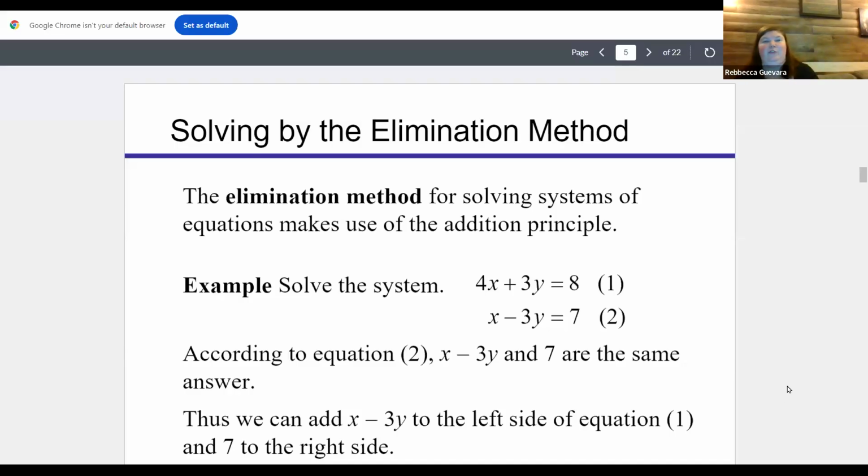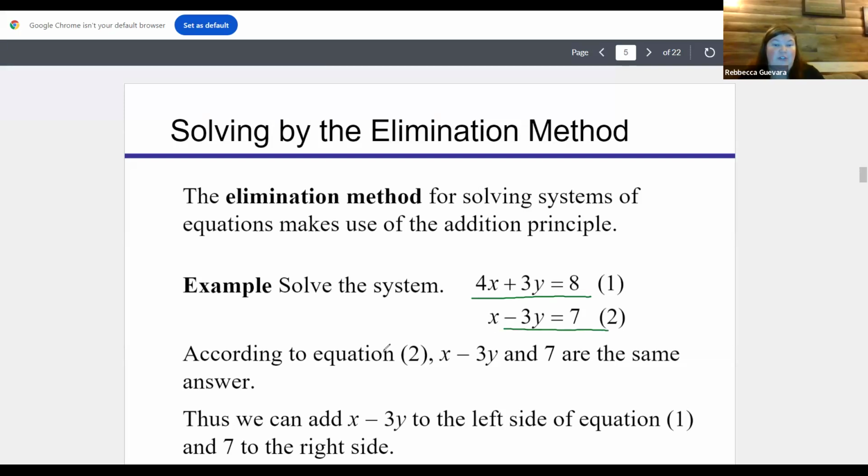What we're going to be focusing on is the elimination method, because when you use matrices you're essentially doing elimination. It's a little more complex than that in some ways, but essentially we're setting up for the elimination method. The elimination method for solving a system of equations makes use of addition principles. Once again, I have those same two equations.